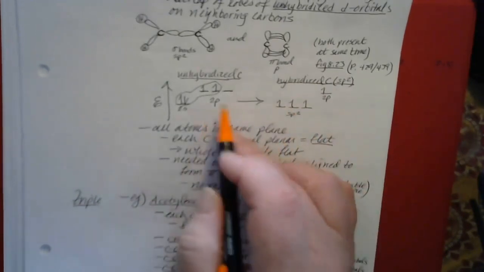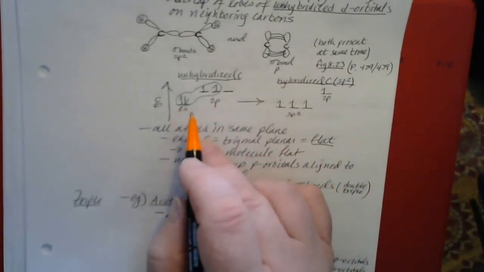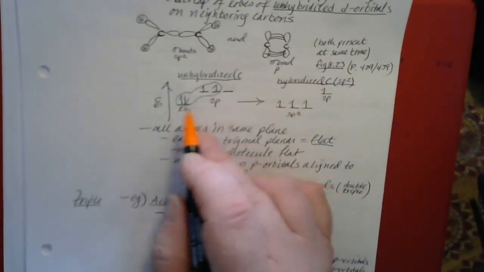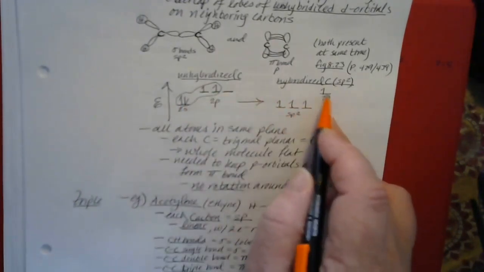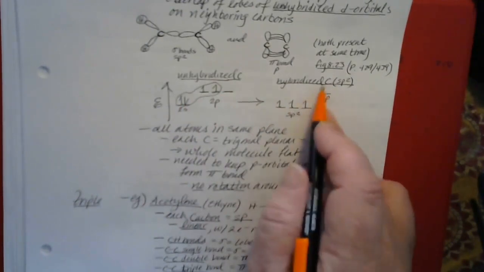And as the name implies, sp2 is made up of an s orbital and 2 p orbitals, so there are 3 of them. And they all have equal energy and the same shape, and you end up with 1 electron in each. Okay, and you also end up with the other electron left in the 2p orbital, which is unhybridized. It's still a p orbital.